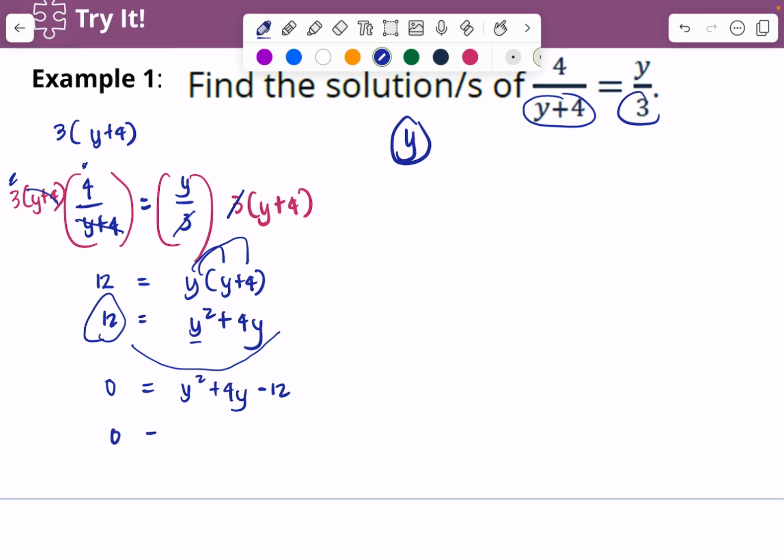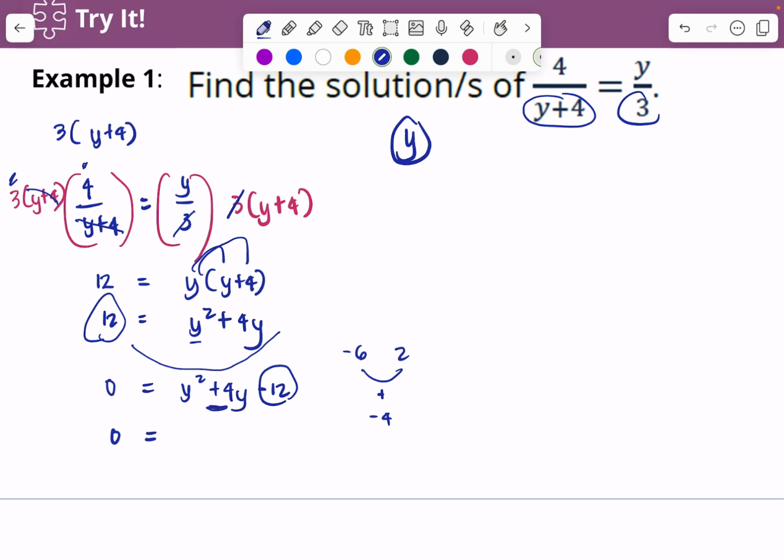So 0 is equal to, what are the factors of negative 12? Okay, you have 6 and 2. Now let's check if this will give negative 12. So 6 times 2, that is positive 12. This is negative. So let's try to make negative 6 and 2. So negative 6 times 2, that will be, yes, negative 12. However, negative 6 plus 2, the answer is negative 4.